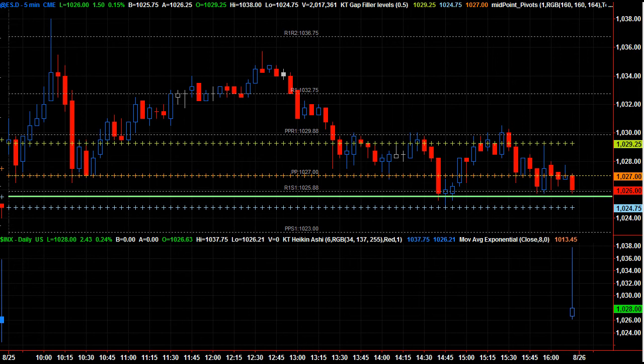Today on that 4.5 point gap, we saw an 8.75 point rally from the open to when the economic data was released, where it topped out at 1038.